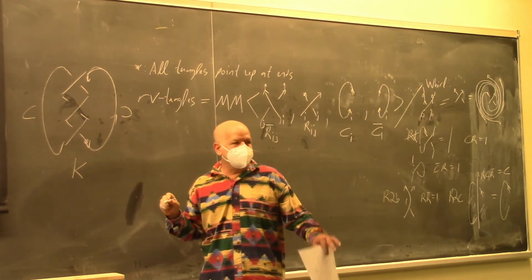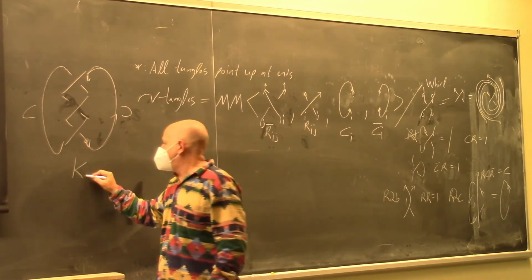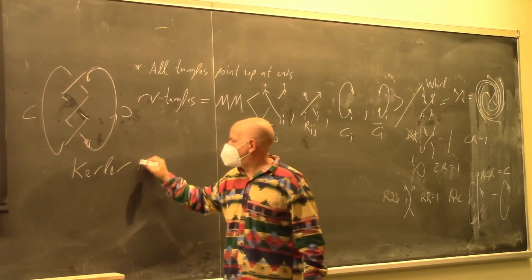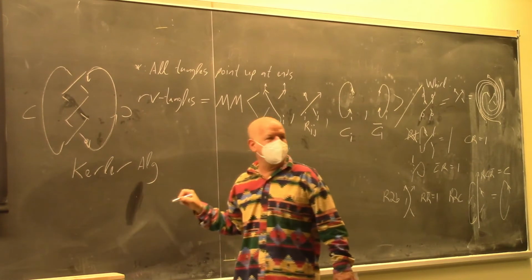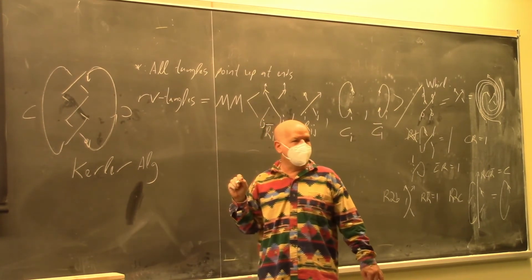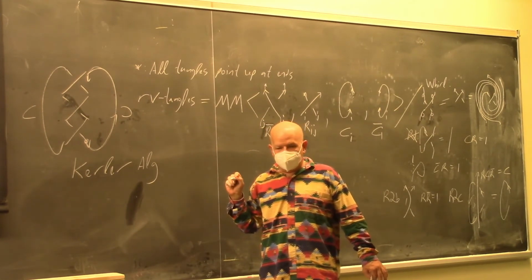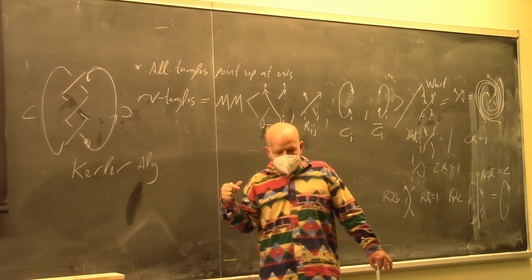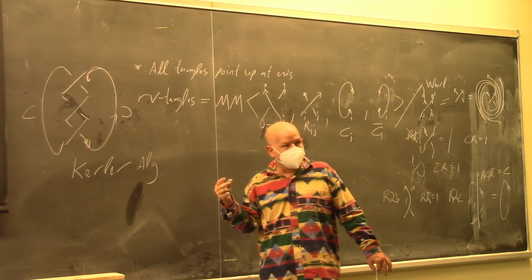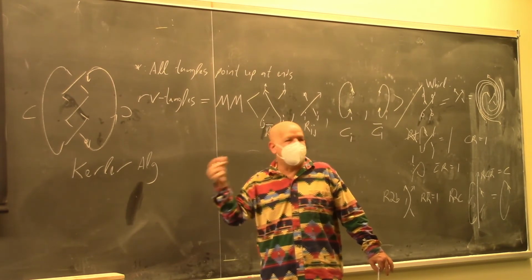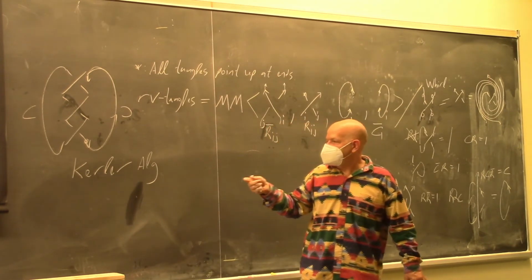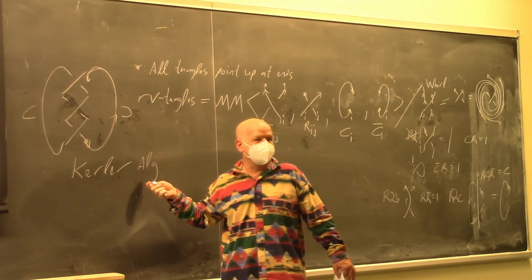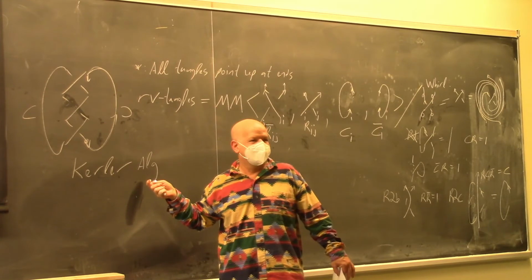So the example is an algebra which I will call the Kerler Algebra, named after Thomas Kerler of the University of Ohio, though I have to admit that it's a bit improvised, sorry. Namely, I read his paper and got inspired by it, but I'm not sure that it's actually the same algebra. Okay?